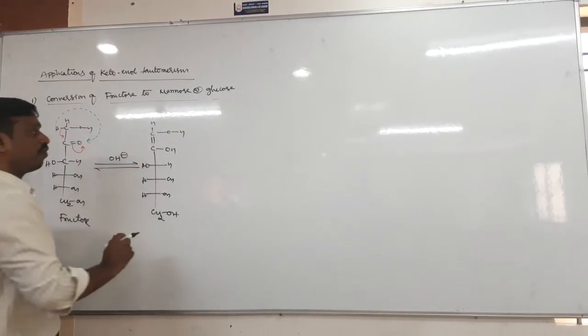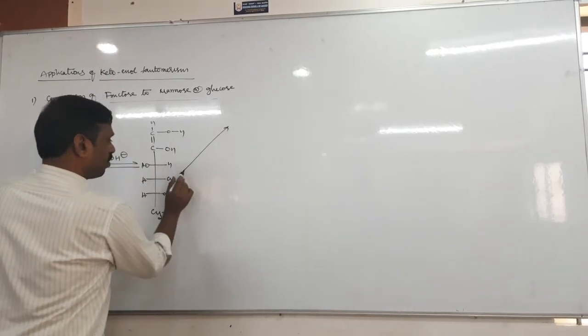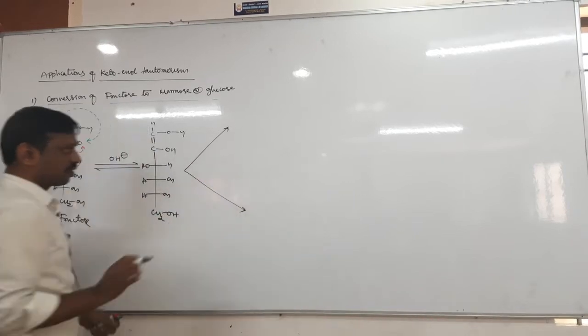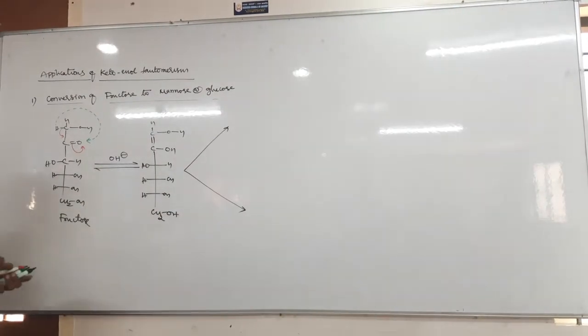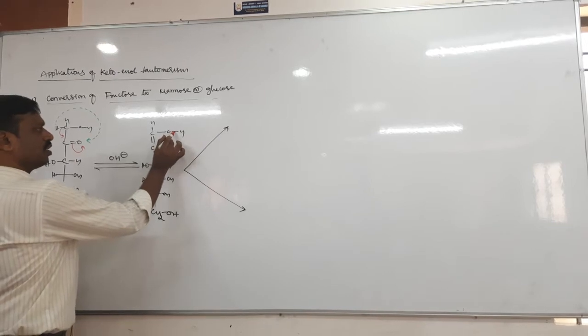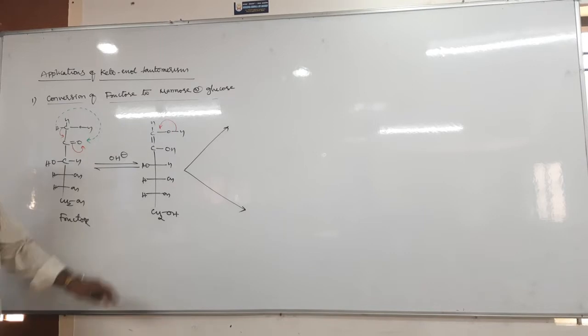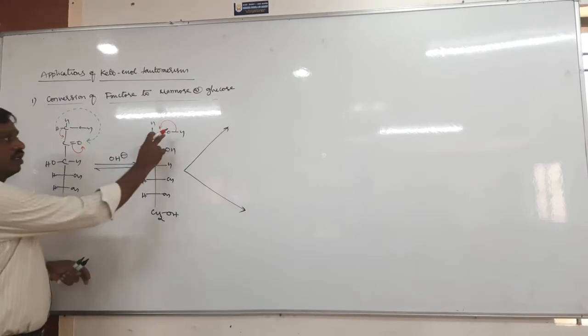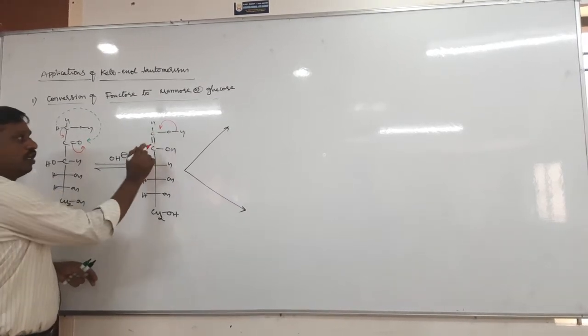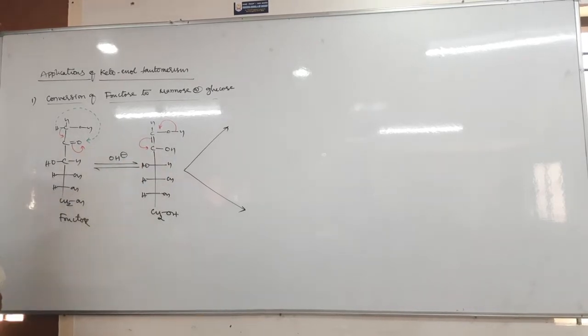Now this enol form undergoes further reverse conversion to keto form. It forms two products. How? First one is, see here, this sigma electron shifts as a pi bond. Then it becomes C double bond O. Then this pi electron shifts onto its carbon.